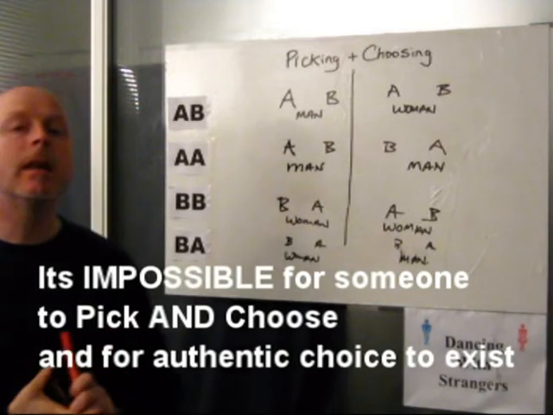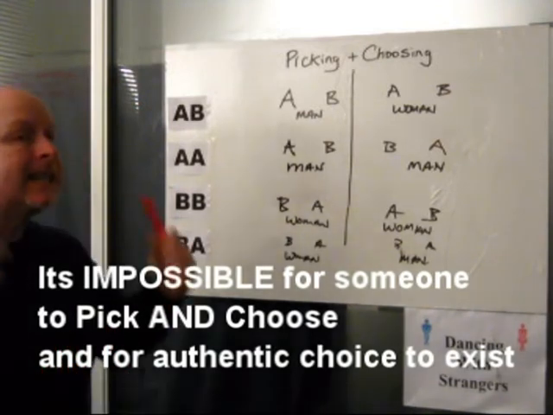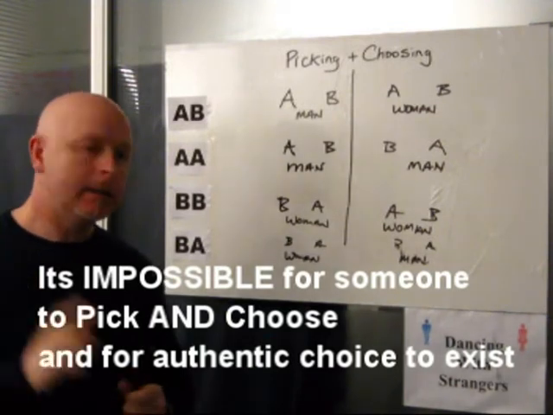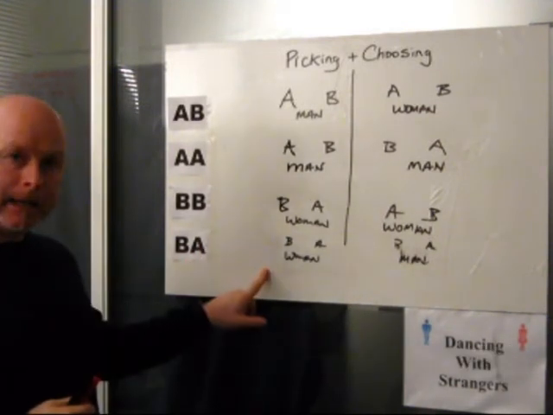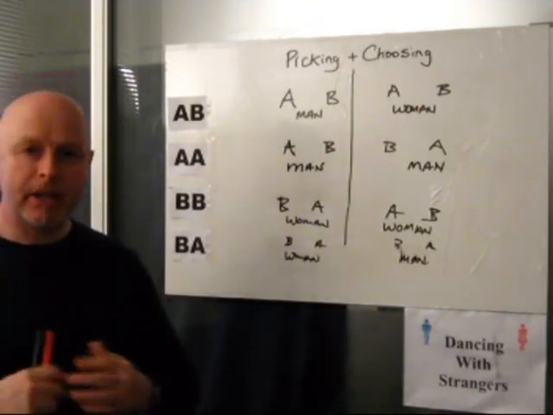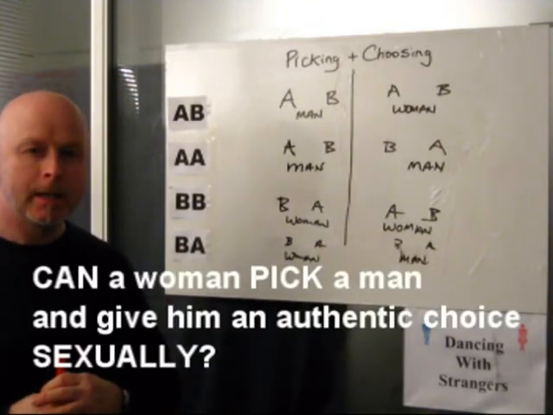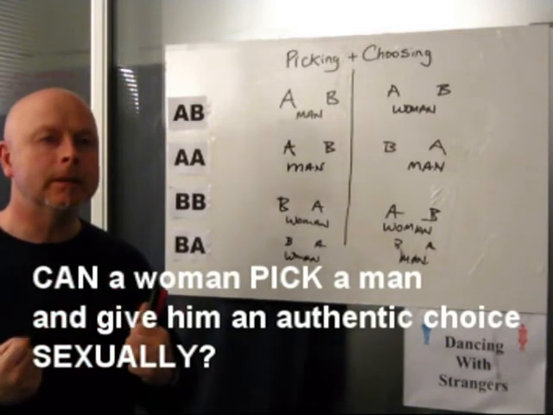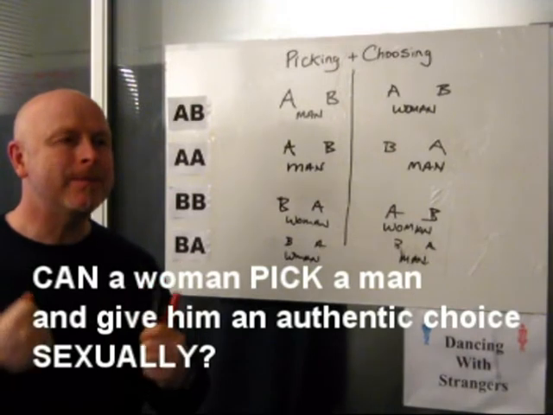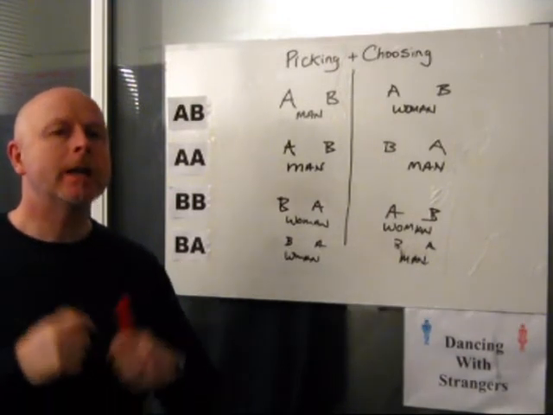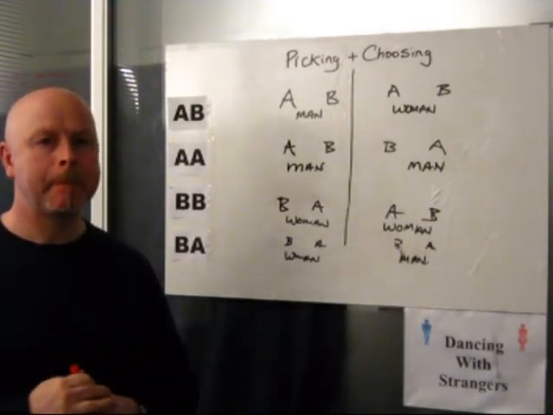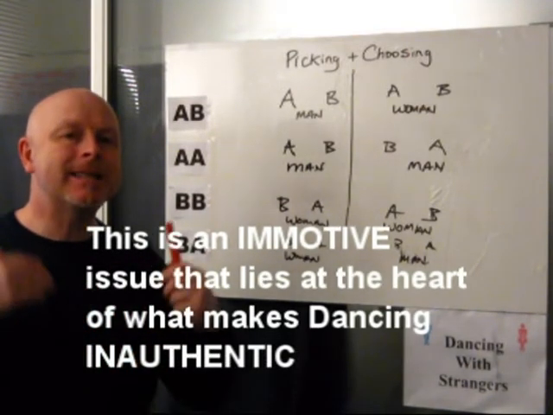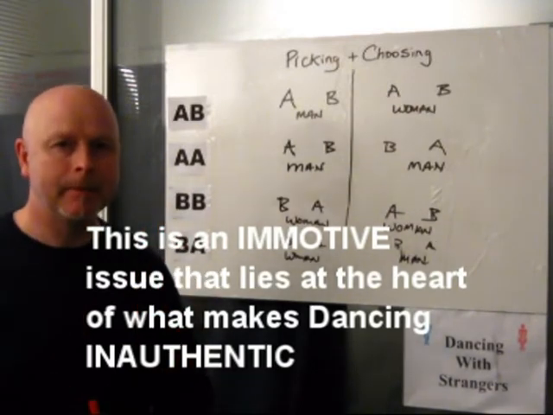So this takes us on to another point then. It's clear that it's impossible to pick and choose. But can a woman pick and give a man a choice sexually? This is something which can be difficult to look at and to be unattached to. The reality of it is, men and women live inside sex completely differently.